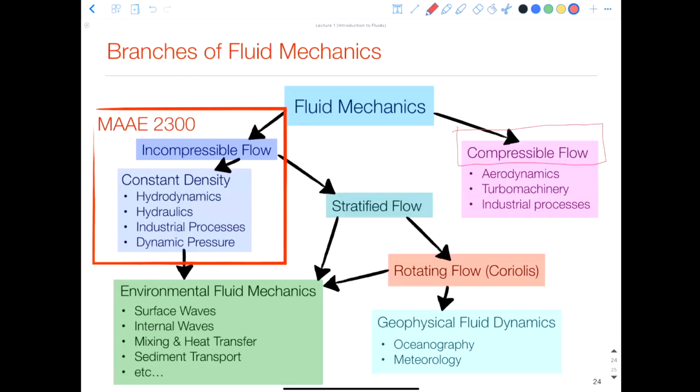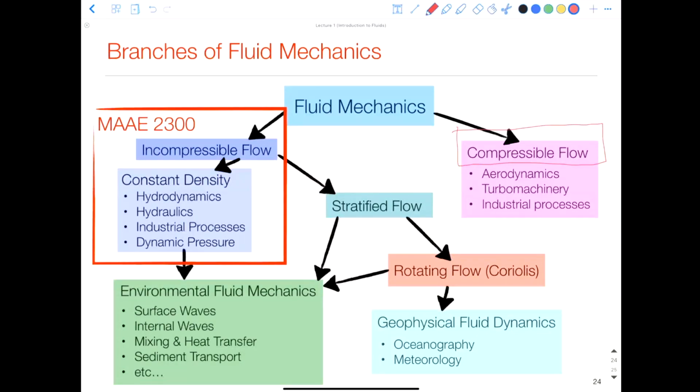And then finally, there's a lot of environmental fluid mechanics. If we look at surface waves, so we wanted to predict tidal waves, or tsunami waves, or wake coming off of ships, internal waves, sound waves, acoustics, mixing and heat transfer, so how a fluid flows when it changes temperature, if we want to design better heat sinks or fans, sediment transport, if you're looking at erosion into river basins and trying to track the flow of that erosion material to river deltas or to oceans.